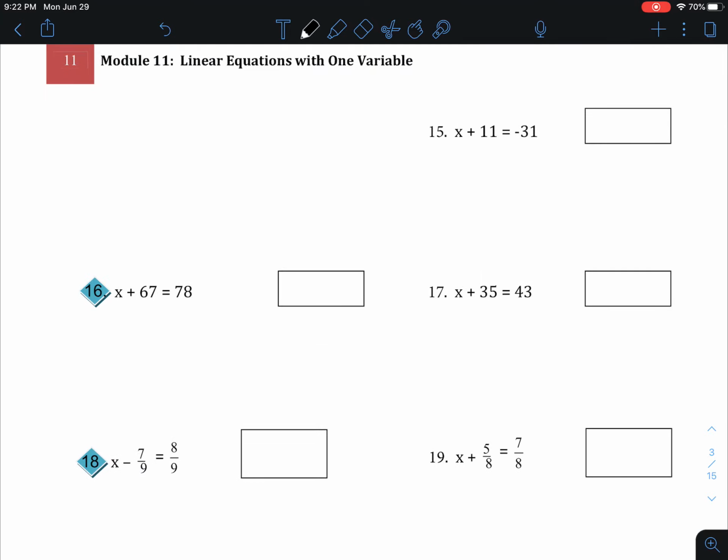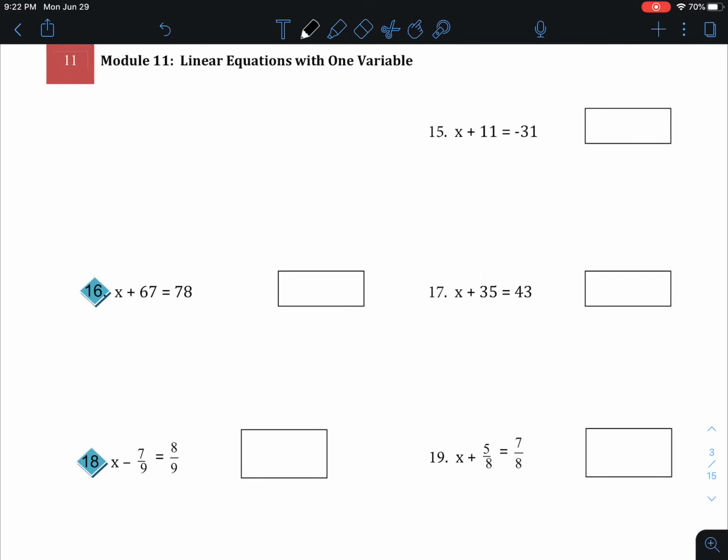18 is a little bit different, but I'll do 19 with you to help you out. So in order to do 19, we're going to just subtract the 5/8 from both sides. Just remember when we're subtracting fractions, the denominator or the bottom number does have to be the same on both fractions that we're trying to subtract.